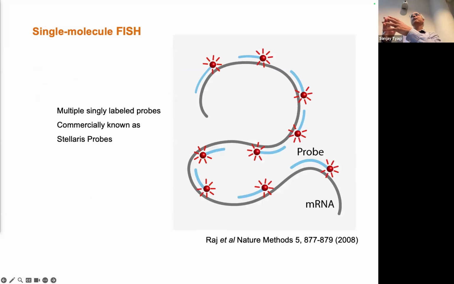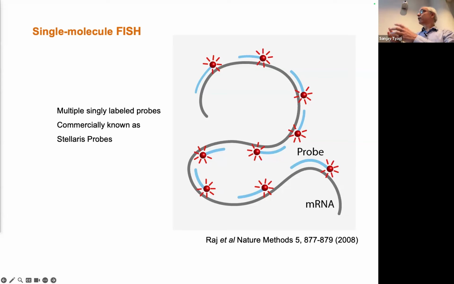Since Selva had this model in rabbit, we began to explore whether we can use single molecule FISH to study granuloma. We have this technology of single molecule FISH where we detect RNAs by a pool of about 50 probes, which are small oligonucleotides complementary to that RNA, bind side by side, and are labeled with just one dye.